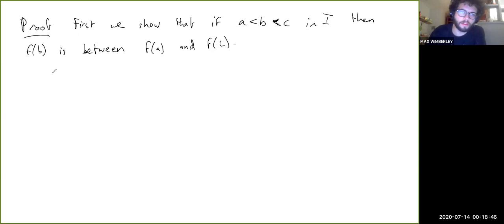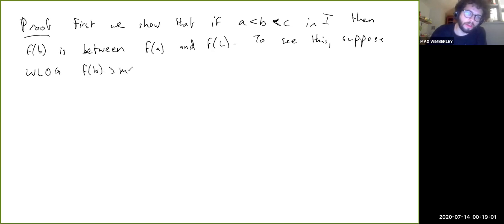To see this, suppose, without loss of generality, that f of b is greater than the maximum of f of a and f of c. We're going to do this by contraposition, or contradiction, right? So we're going to assume that f of b is not between these two values.